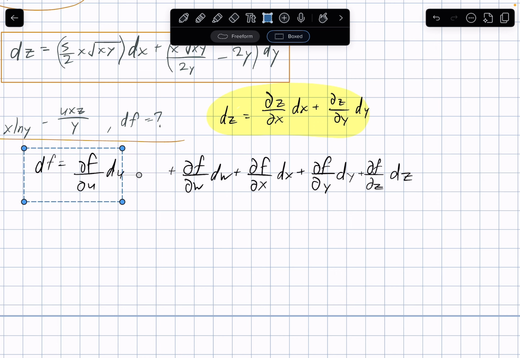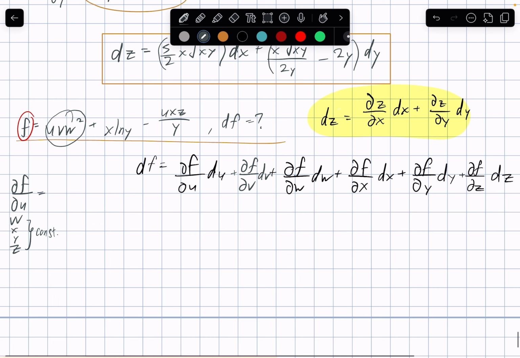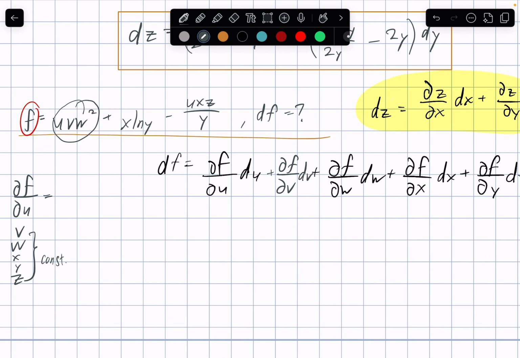Between w and u, we have v. So v and w are considered constants. So essentially, set aside v and w because both of them are constants.